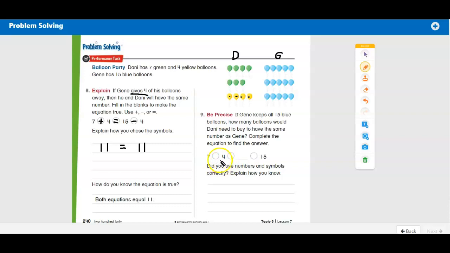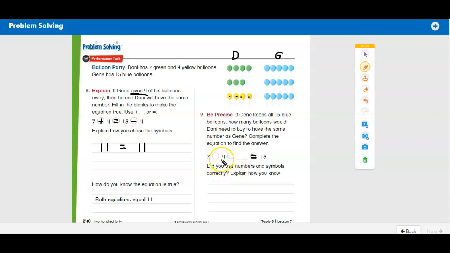So you are going to need to write in the symbols and the numbers to help you solve number 9. So what I will do is write our equal sign so you know what to work off of. So we have 7 blank 4 blank blank blank 15. So we want to equal 15. So that means 7, 4, and the missing number need to equal 15.